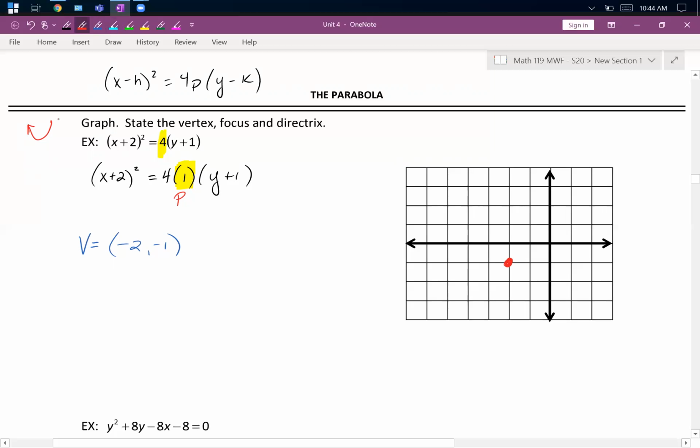Up. You got it. Since I know that it's going to be opening up, and again, that's just a rough drawing there, I kind of just do that for myself so I get my directrix and stuff in the right spot. I know that my directrix is p units behind the parabola. So p is 1. That tells me my directrix has to be here. And my focus is p units inside the parabola, so my focus has to be right there.